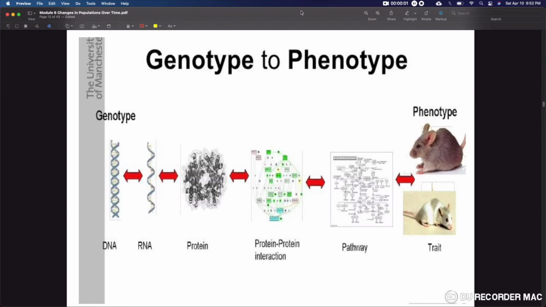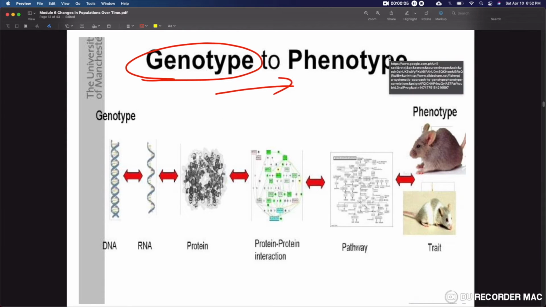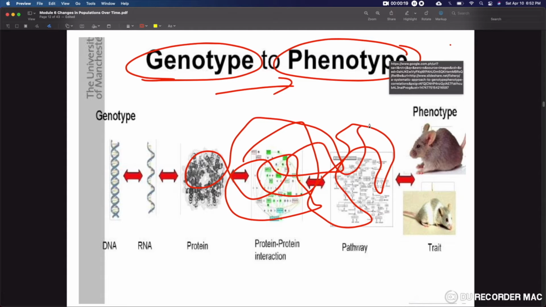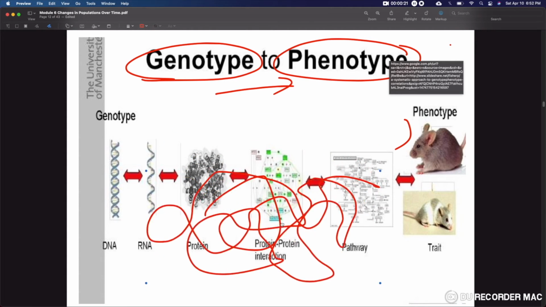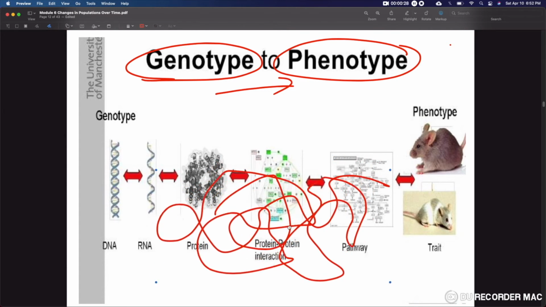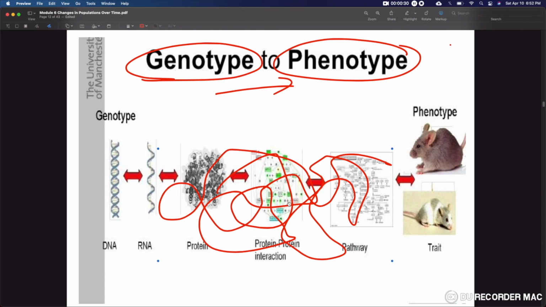Moving on. Simply put, your genotype would be responsible for your phenotype, right? But that's not always the case. There are certain interactions that happen that may change the expression of your genotype to your phenotype. That's why I drew this very convoluted scheme here, because it's not always a 1:1 correspondence.